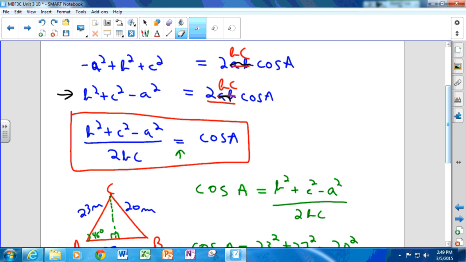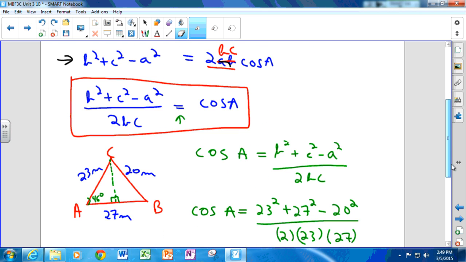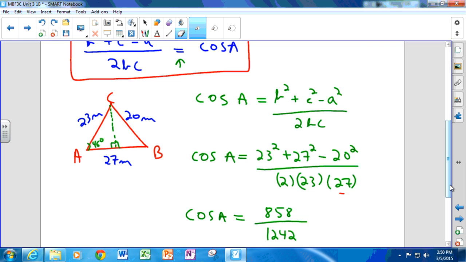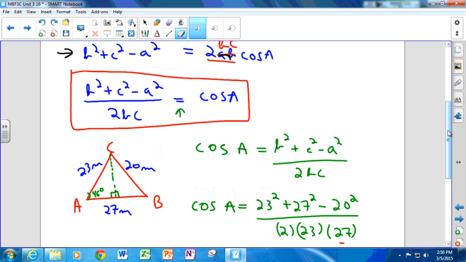I might not bother rearranging it, but I did just because that's the way they do it in the book. Okay, so then we end up with this nice little formula, which I have right up here in red. You could just commit that to memory if you want. Knowing how to derive it will make it a little bit safer in case you forget stuff.